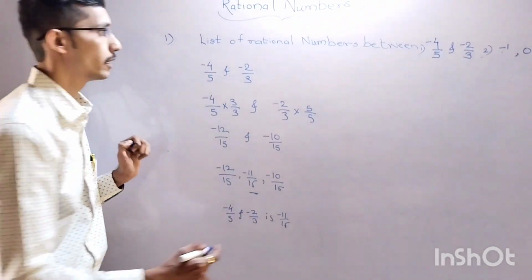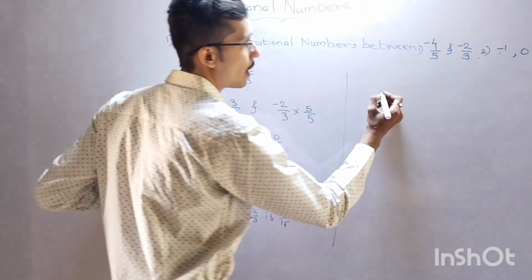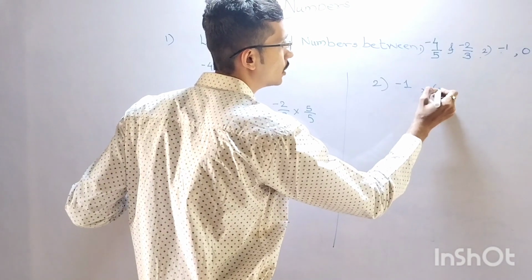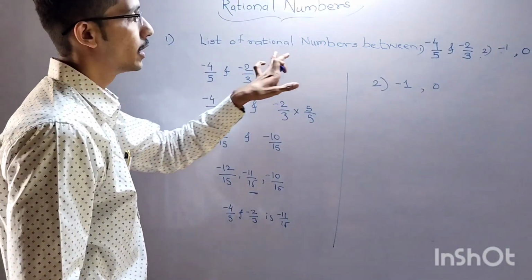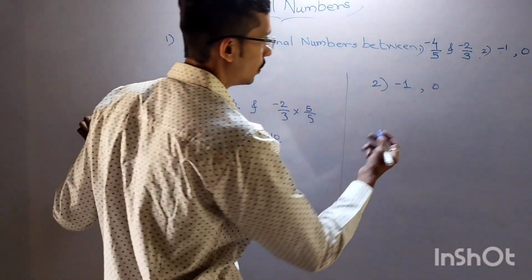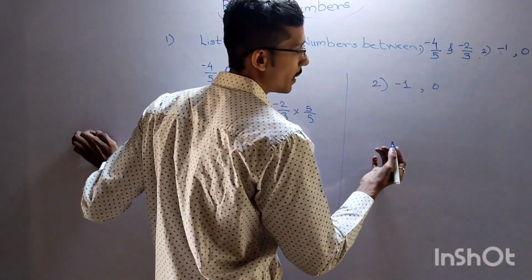The second example is -1 and 0. Again we have to find the rational numbers between -1 and 0. We will find the equivalent fraction again.